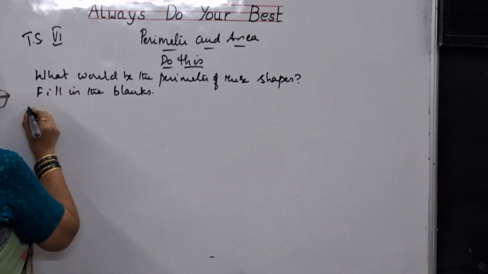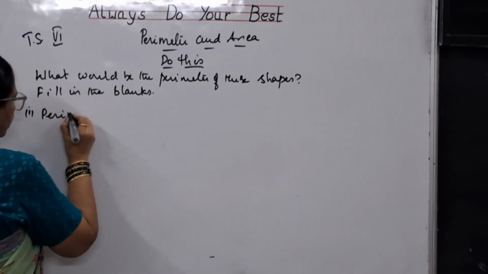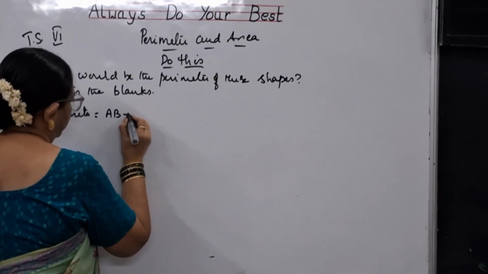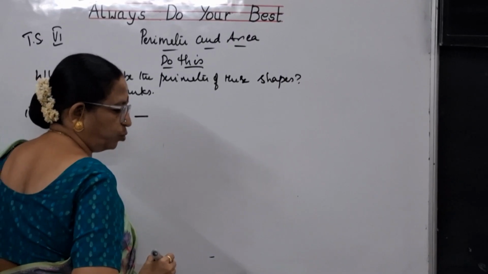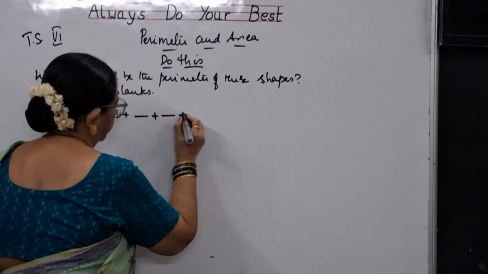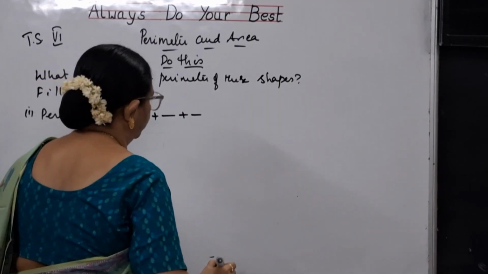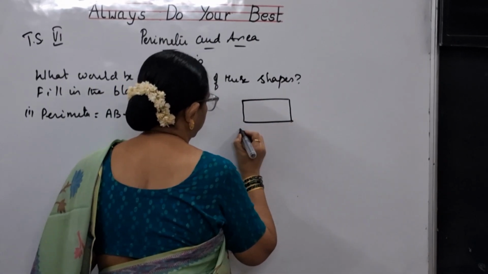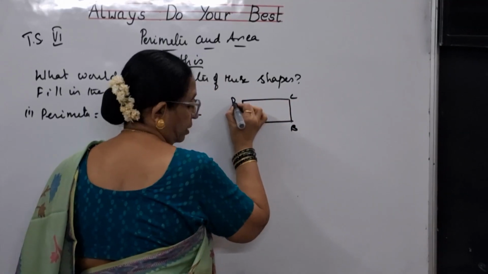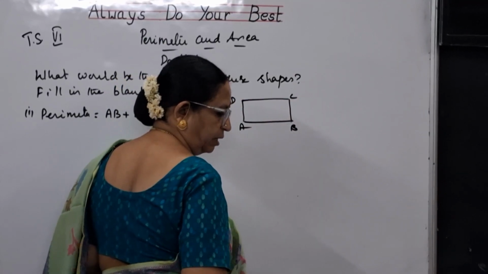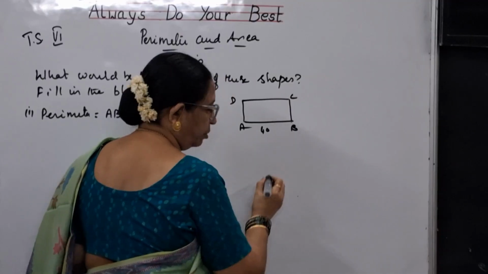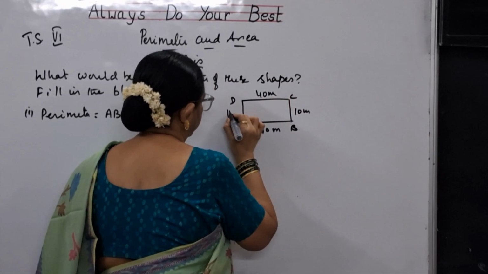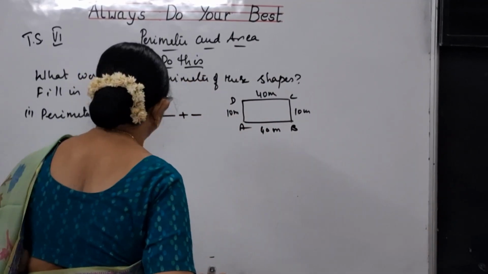So, the first one is perimeter is equal to AB plus, they are giving dash, plus dash, plus dash. So the figure given to you is this, A, B, C, D, with 40 meters, 10 meters, 40 meters, 10 meters.